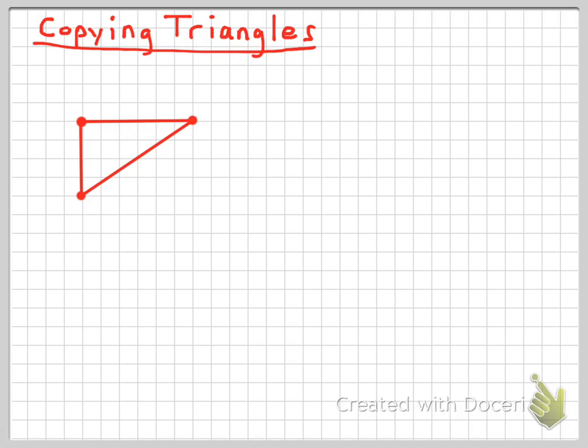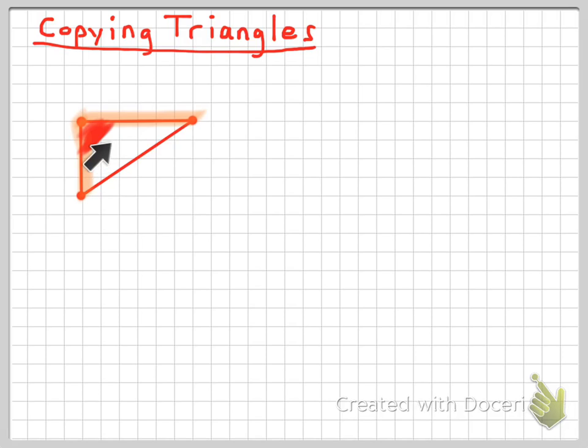Now, first thing I need to explain to you is what an included angle is, and we'll come back and use that quite a lot. What I'm going to do is I'm going to copy these two sides that I'm highlighting. Let me use a different color because that's not very good. And I'm also going to make sure that I keep the angle measure between those two sides the same.